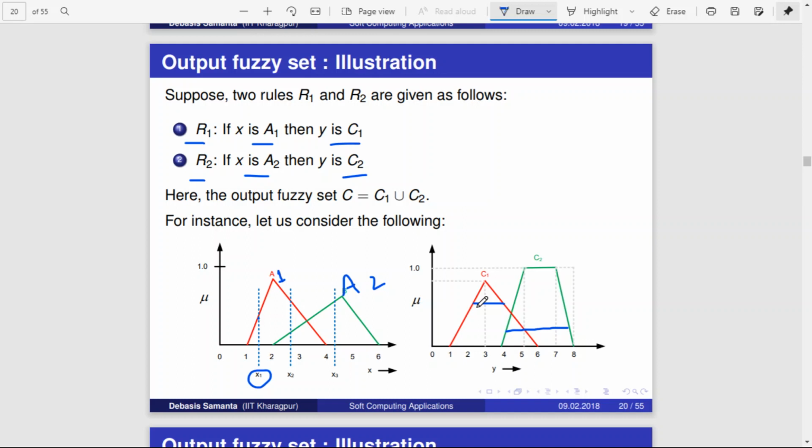So these are the areas, the membership values will take any values somewhere here. It will take all these values, right? Because X is cutting here, A1 is cutting here and A2 is cutting here.